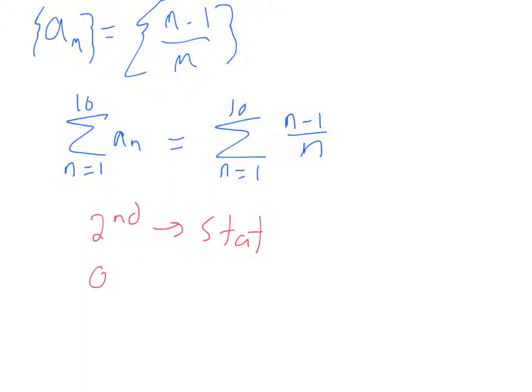In the OPS menu, you're going to have one called sequence, and in the math menu of that one, you're going to have one called sum. These two functions can be used in concert to help you find the sum of a sequence, right?